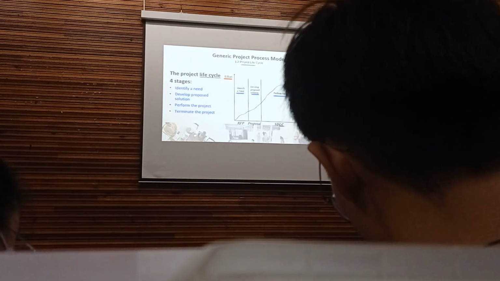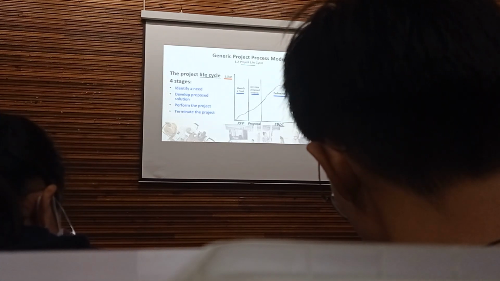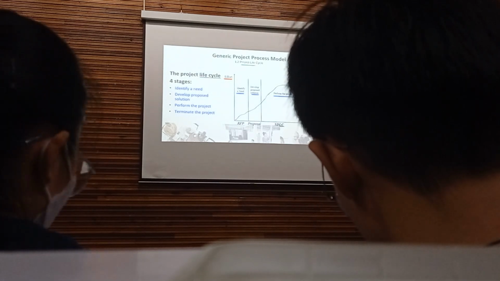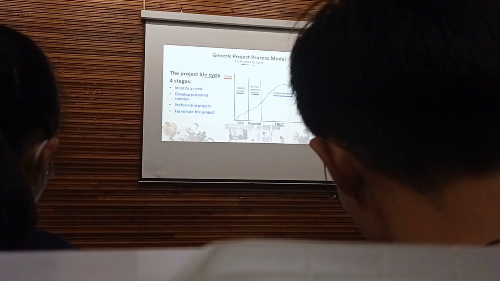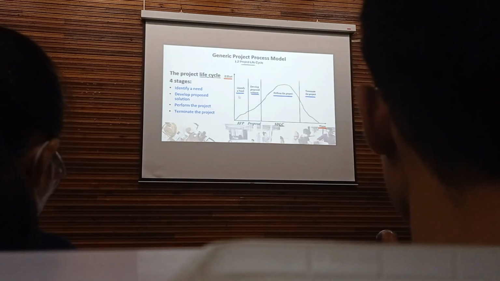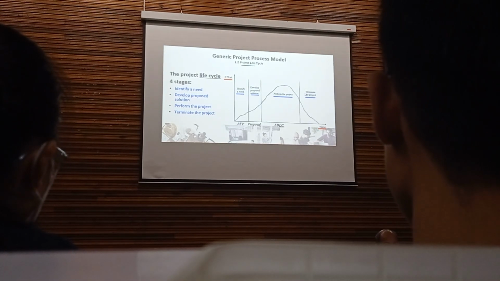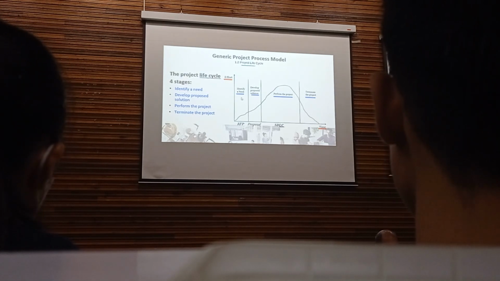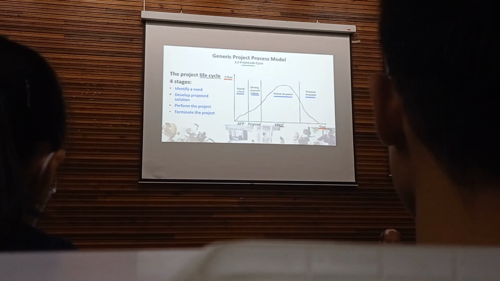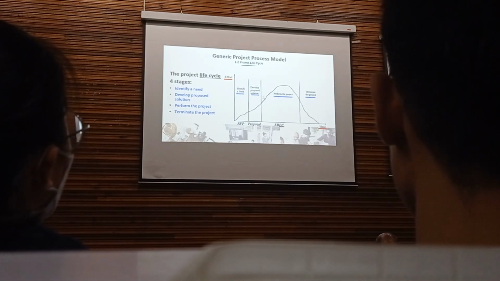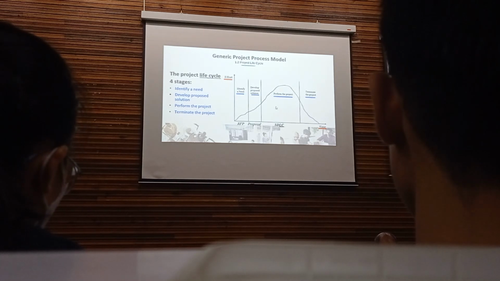When the project is finished, terminate the project. When you have another project, then start from here again. When you have the third project, also start from here. So this is the project life cycle. Here is the software development life cycle.